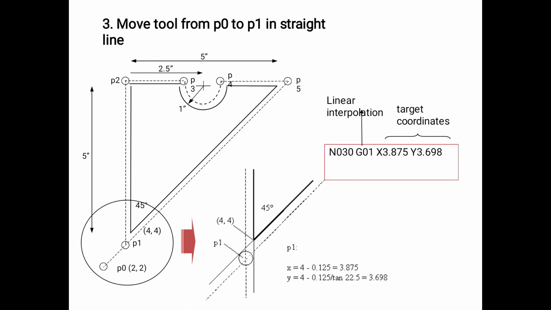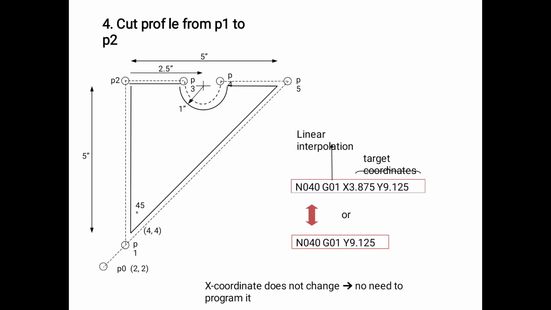Next, move the tool from P0 to P1 in a straight line, with linear interpolation G01, X 3.875 and Y 3.698. Then cut the profile from P1 to P2 with linear interpolation G01; the X axis stays the same at 3.875 and Y moves to 9.125. N040 G01 Y9.125.